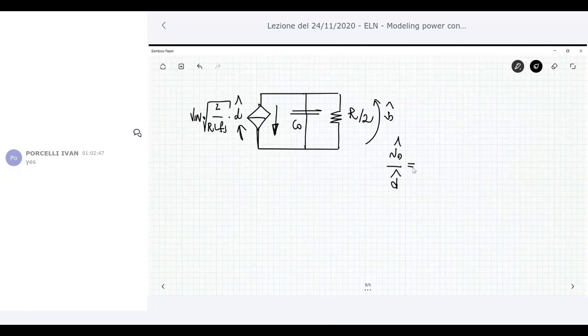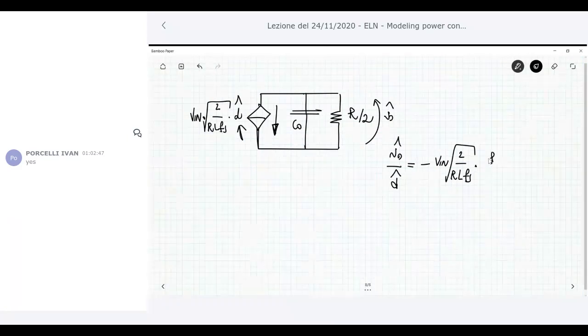This is, let's say, simple. Given is minus the source, which is V in square root of 2 RLFS, which multiplies the parallel of half R and 1 over C naught.